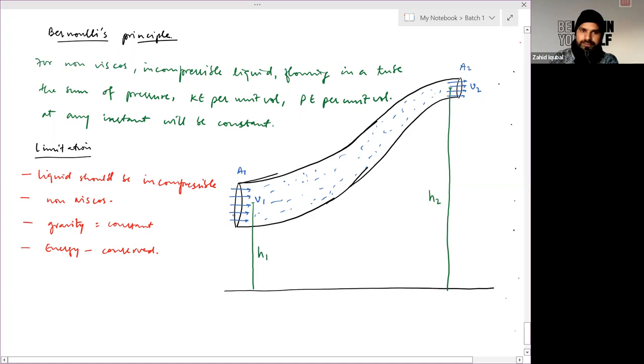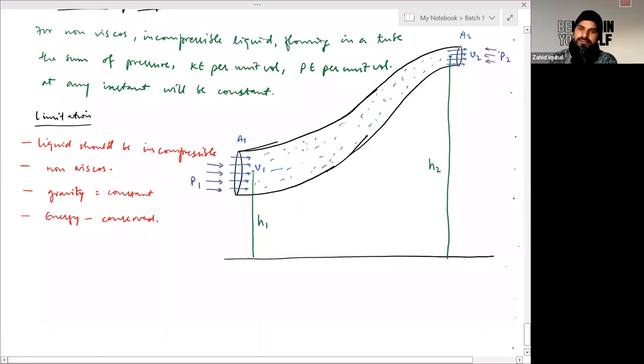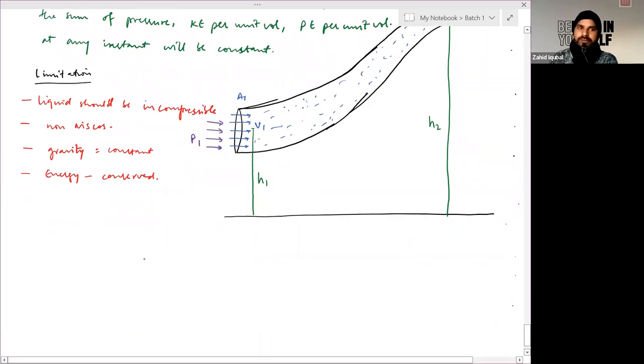So to overcome or to fulfill that part, let's say pressure applied at first end is P1 and at second end is P2. This pressure difference will be capable to flow from lower end to other end. So it will exert or it will do some work on this particular system to move liquid from lower end to higher end. So let's say work done due to pressure difference.